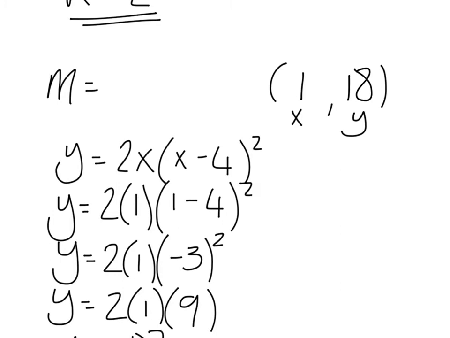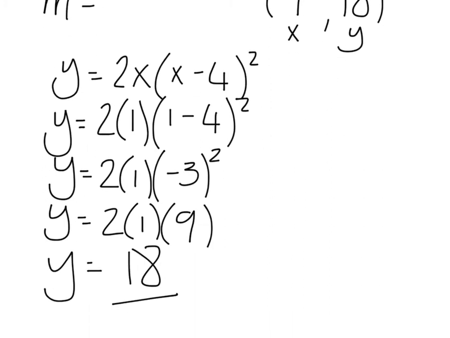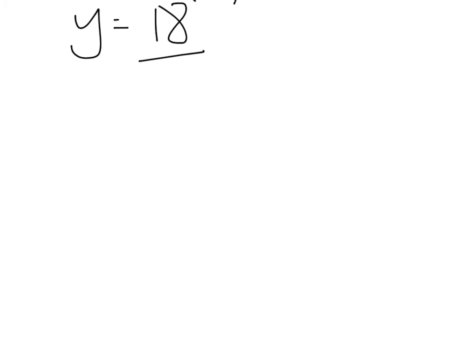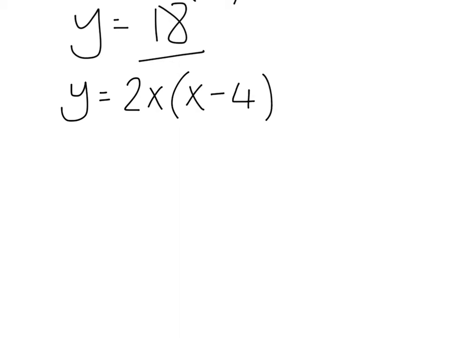What we need to do now is work out our gradient m. As soon as we mention gradient, we should realise that what we need to do is differentiate our equation. And in order to do that, the first thing we have to do is prepare it for differentiation. So our original curve equation is y equals 2x times (x minus 4) all squared.